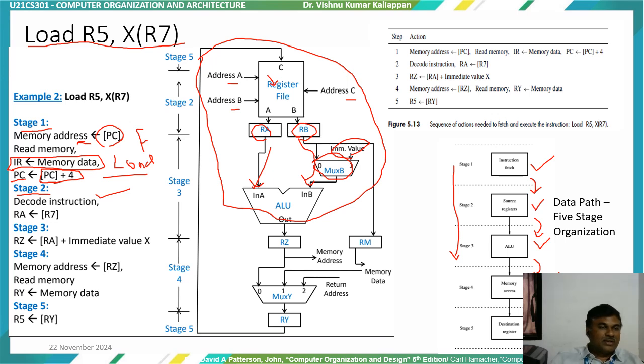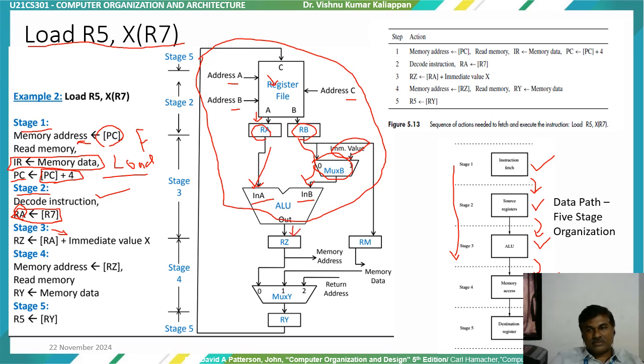And after decoding, I am moving this particular R7 to RA, register A. You can see in the diagram I am moving from the register file to RA. And after this process, the ALU will try to do the execution, and after execution you will get an output.